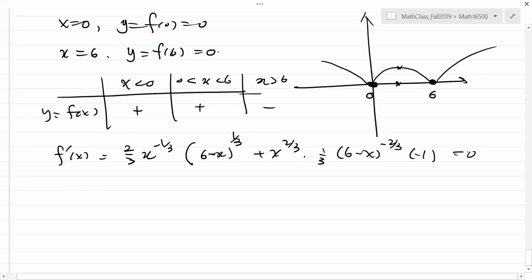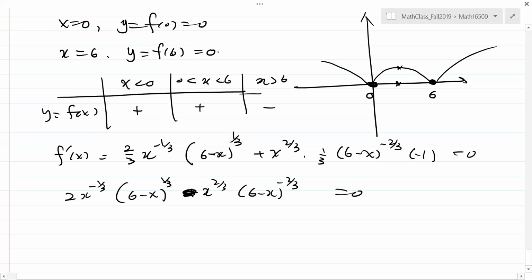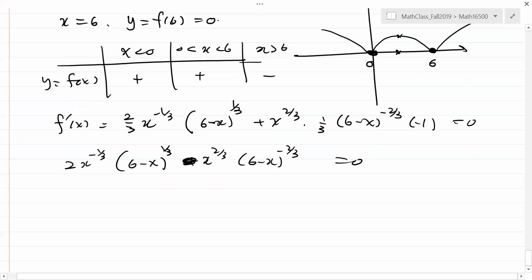First we get rid of the 3. It's minus here. Then I don't like x to the negative power, so I multiply by x to the 1/3. I also multiply 6 and 2/3.